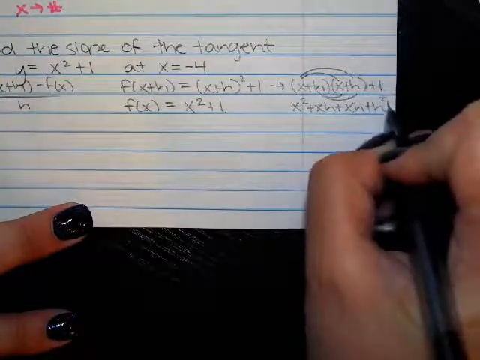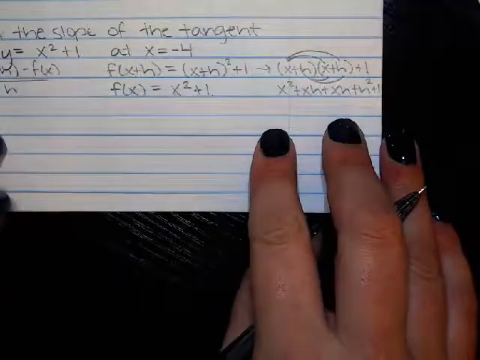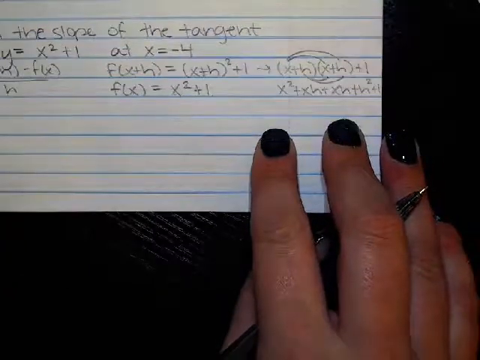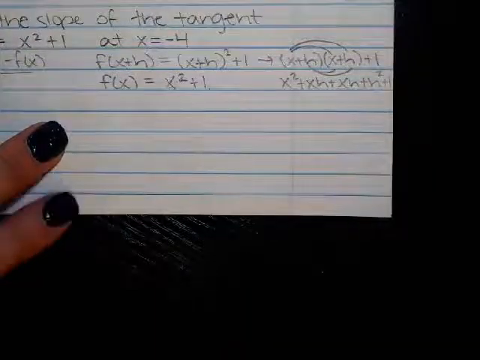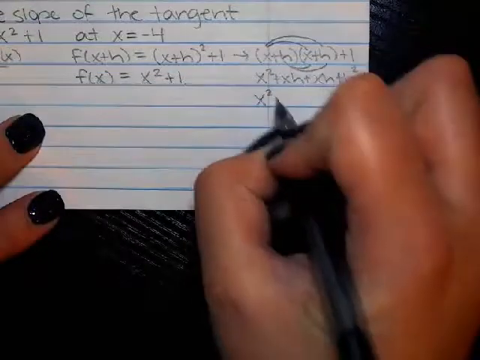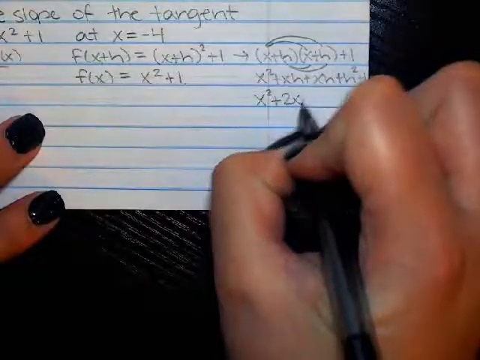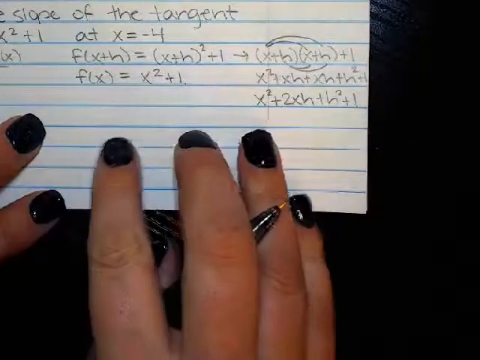Whew, it's running out of room. Let's see, can I zoom in? Kind of. Make it bigger this way. Okay, kind of bigger. So I have x squared plus 2xh plus h squared plus 1. Are we comfortable with that? Okay.